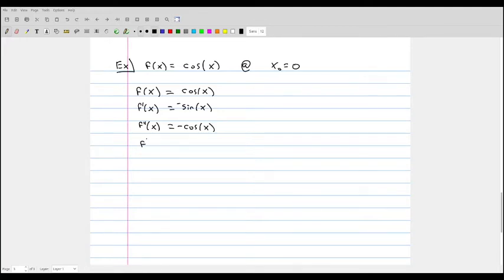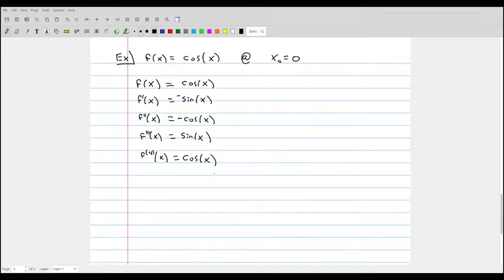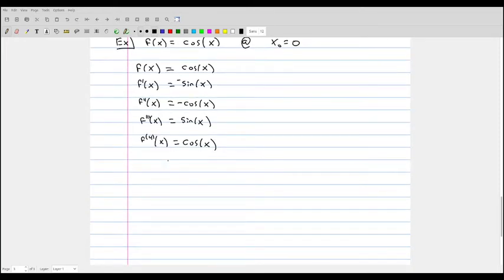The third derivative will be the derivative of negative cosine of x, which is negative times negative sine of x, or positive sine of x. And lastly, the fourth derivative will be the derivative of sine of x, which is cosine of x. And this process just continues to repeat.